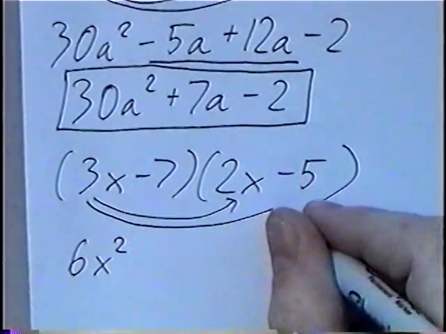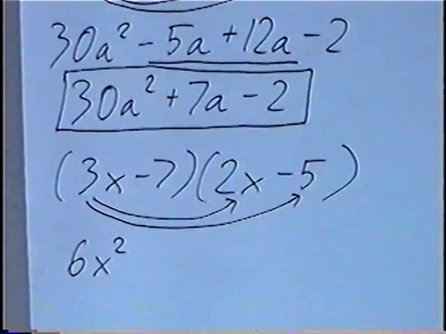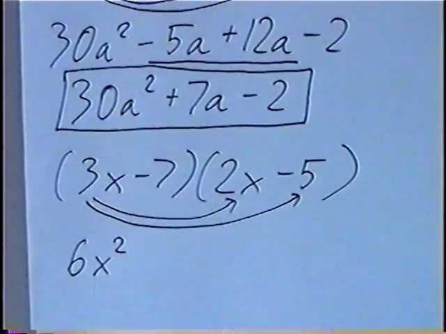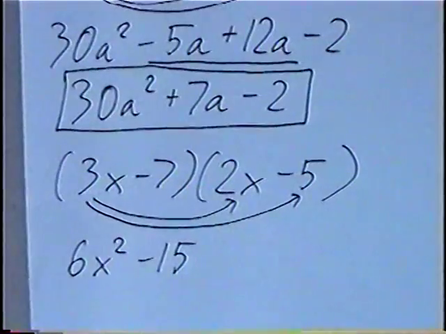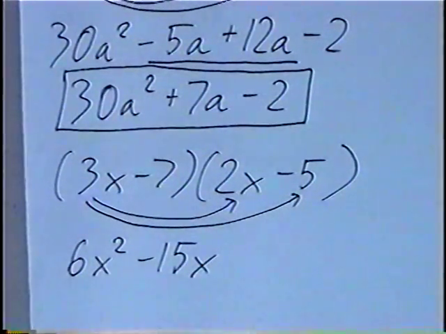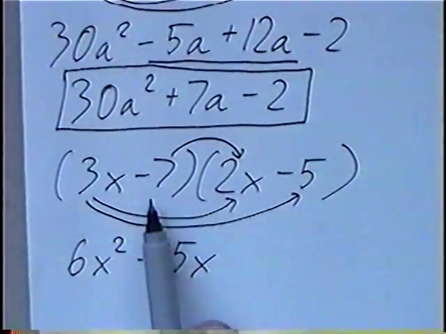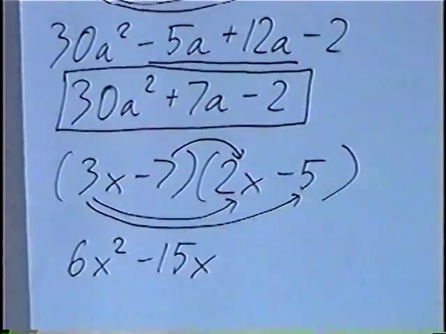Multiplying the far left times the far right, the outside terms, 3x times a negative 5. 3 times a negative 5 would be negative 15, and the x will stay on for negative 15x. Multiplying the inside or middle terms, negative 7 times 2x.